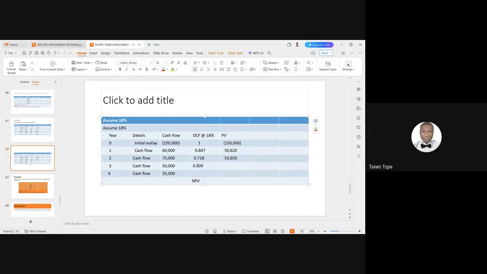Multiply by 50,000, we have 30,450. And for year 4, it is 0.516. Multiply by 25,000, we have 12,900.